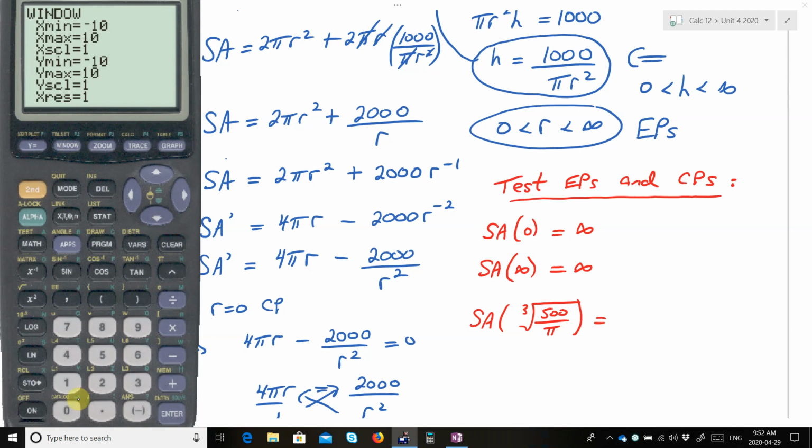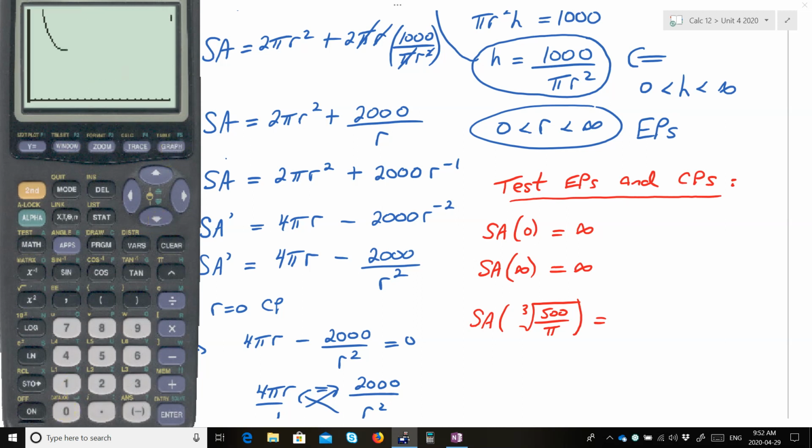So with the window, why don't we go from 0 to, let's just try 20 for now, and let's make the y max a lot bigger and see what that gives us. Volume was 1,000, so there we go. There's a better sense of it.